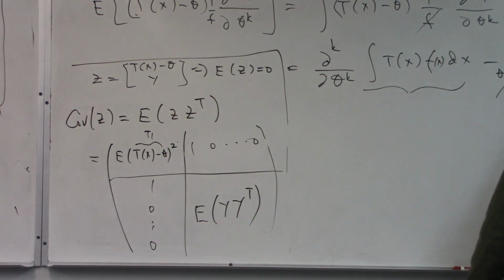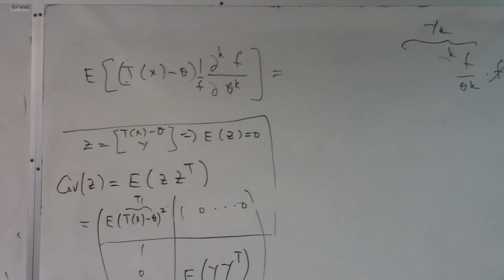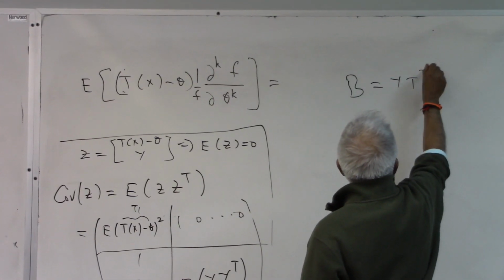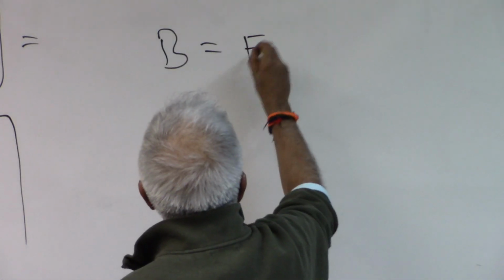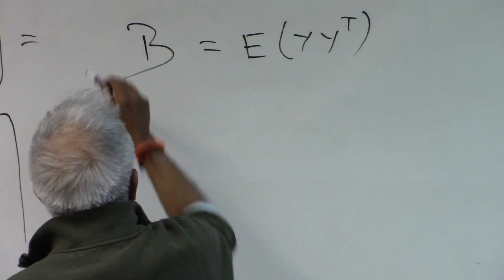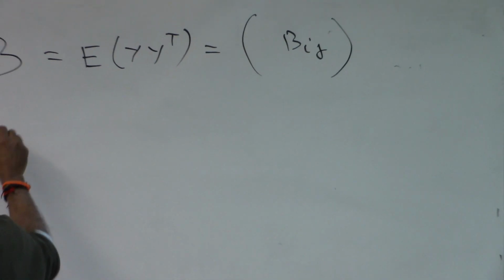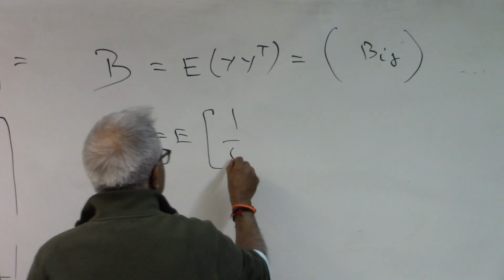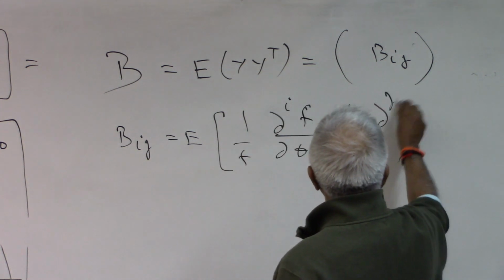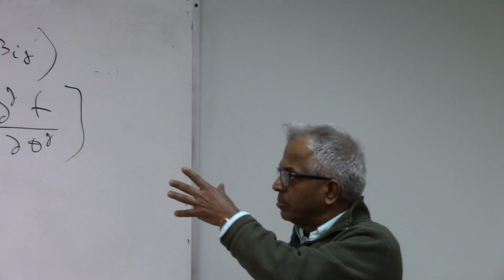So the interesting thing is, let's look at what is y y transpose. It will be random variables, expected value.